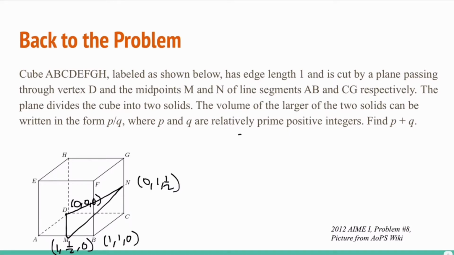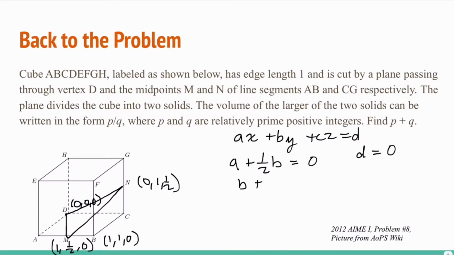Then, for the equation of a plane, we have that ax plus by plus cz equals d. Plugging in 0 for x, y, and z, because we need the point D to be in the plane, we get that d equals 0. Now, for the other 2 points, we have that a plus half b equals 0, and b plus half c equals 0.